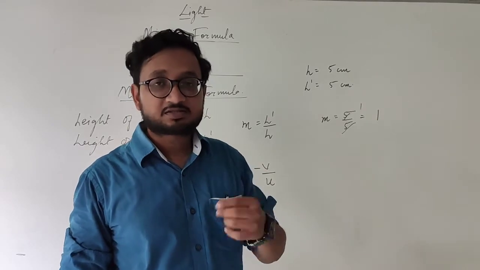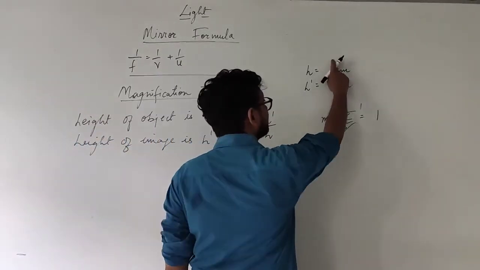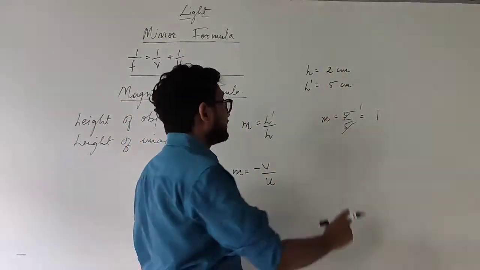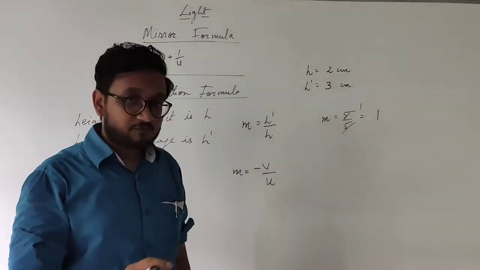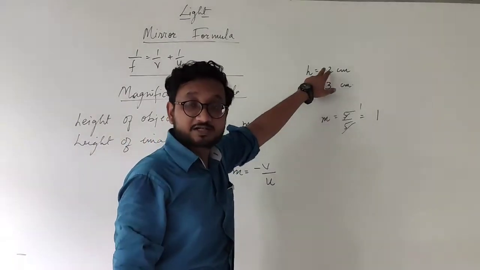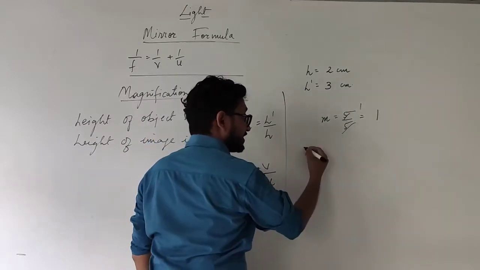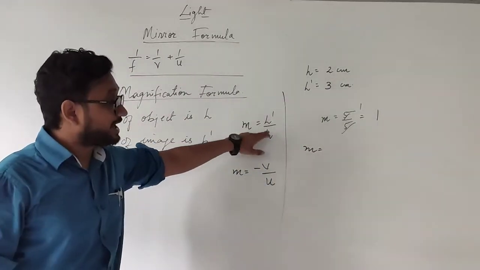Now let's change something over here. Suppose we have the height of the object as 2 centimeters and the height of the image as 3 centimeters. So obviously the image is enlarged. Okay. So let's find out the magnification once again. So height of image upon height of object.